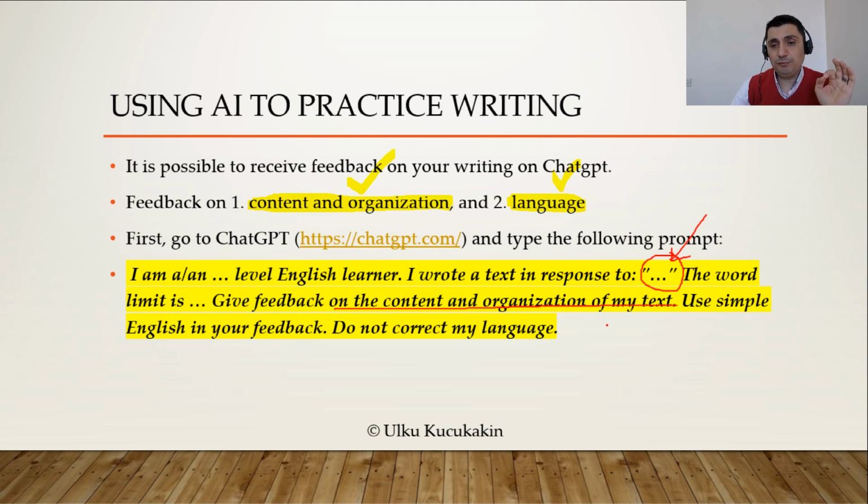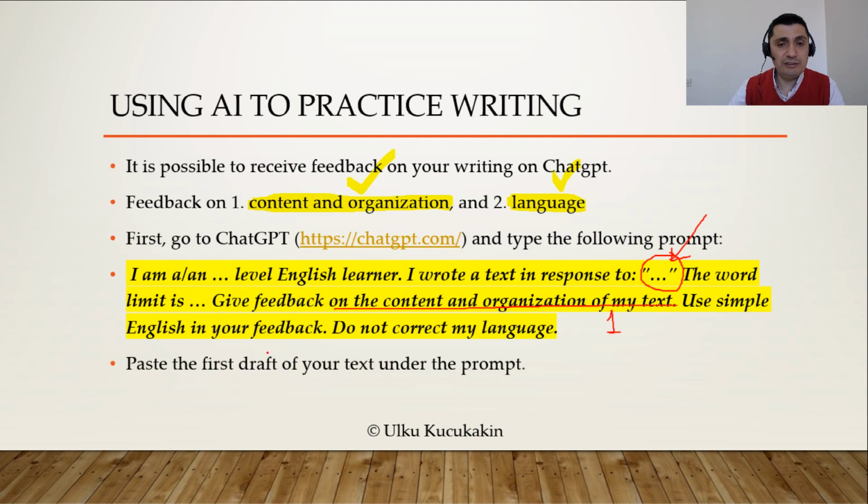So, as a first step, everyone, this is the first step. We receive feedback on the content and organization of our writing. Use simple English in your feedback and do not correct my language. At this point, we don't want correction on our language, okay?